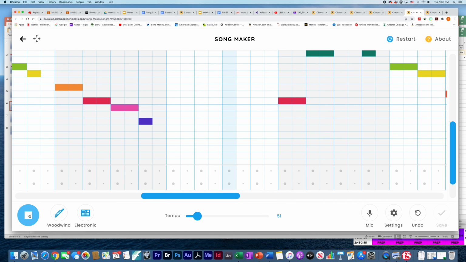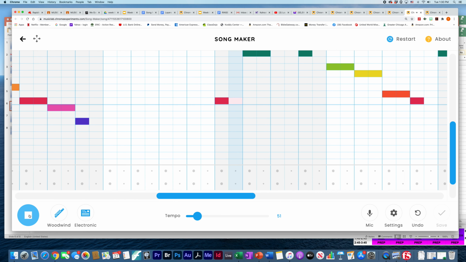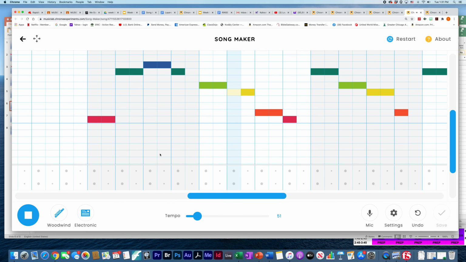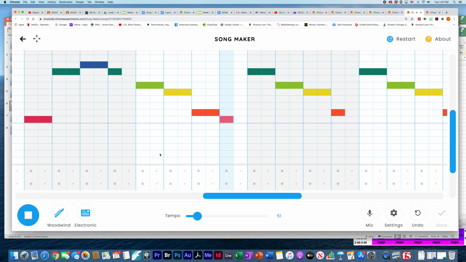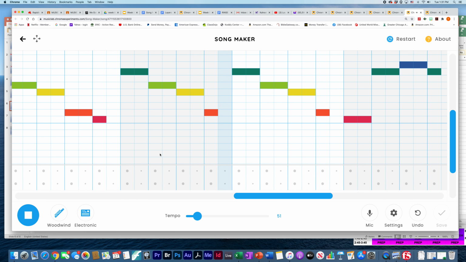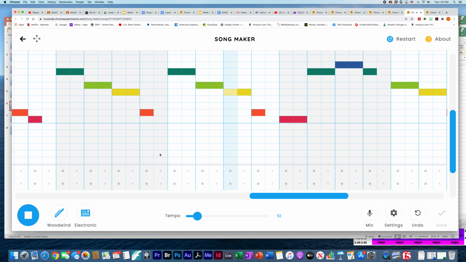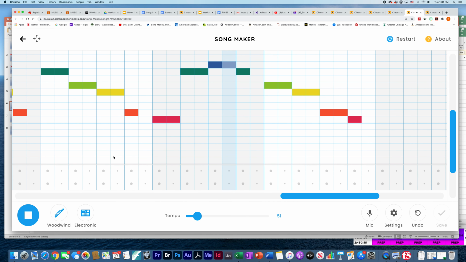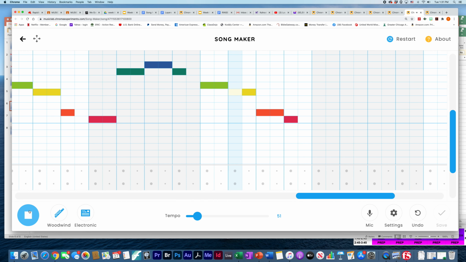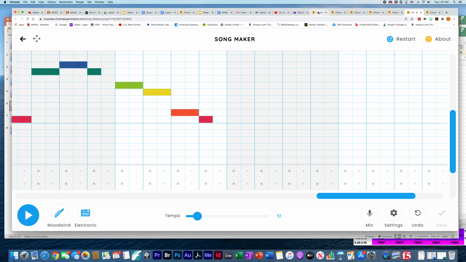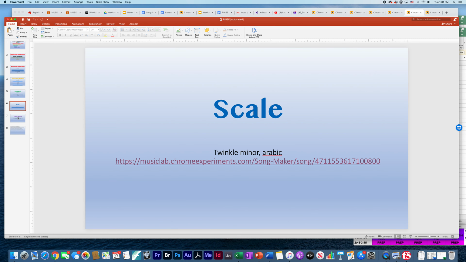This next one is a scale you may hear like in the Middle East or Malaysia or India. Okay, so the scale that you choose really changes the character of your melody.